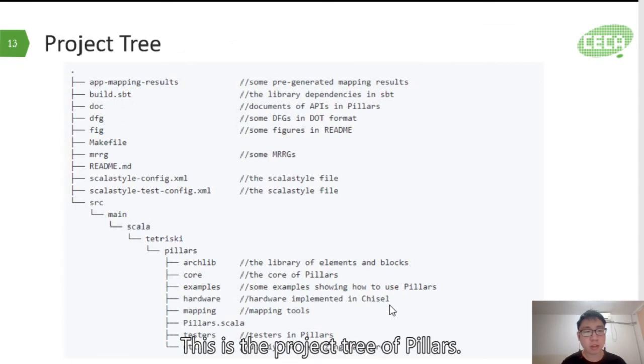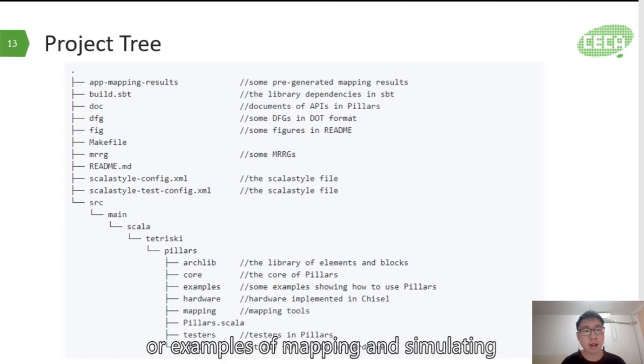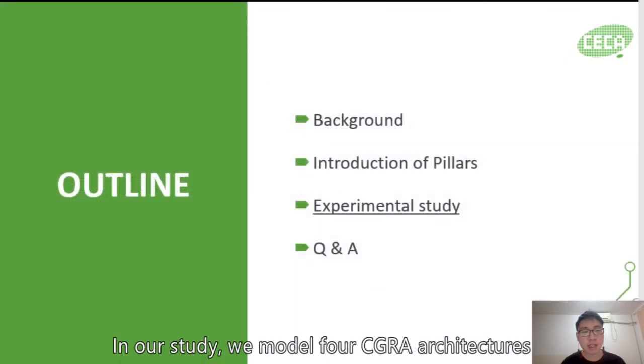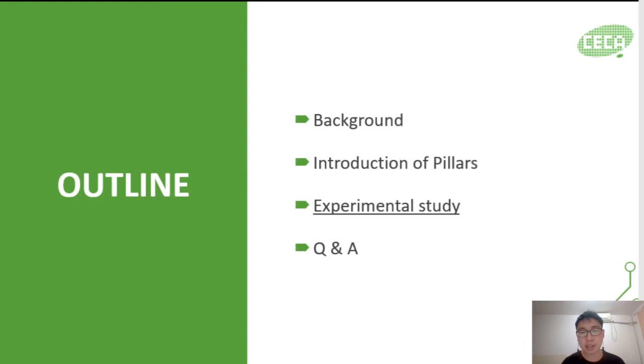This is the project tree of Pillars. In the example subfolders, users can try the example of end-to-end flow, or examples of mapping and simulating various applications on an architecture. In our study, we model 4 CGRA architectures with 2 architecture skeletons and 2 PE designs.